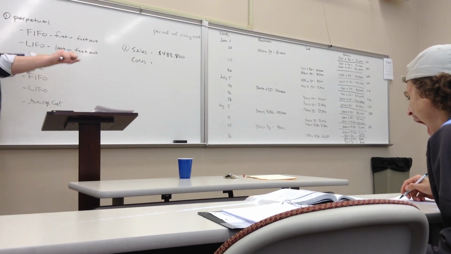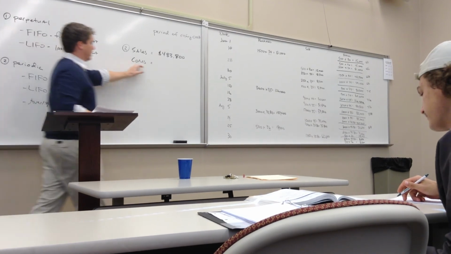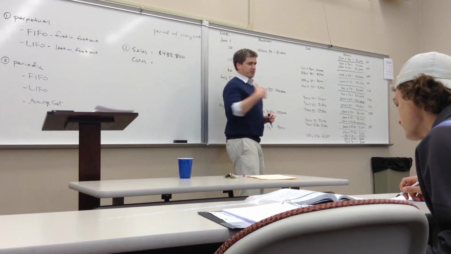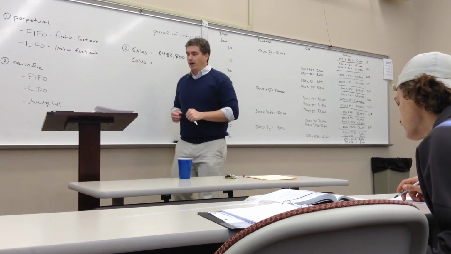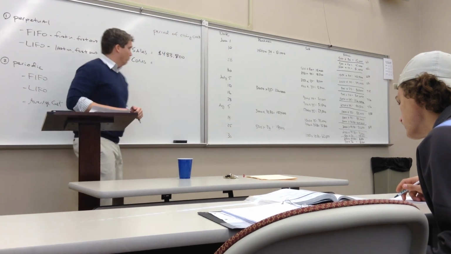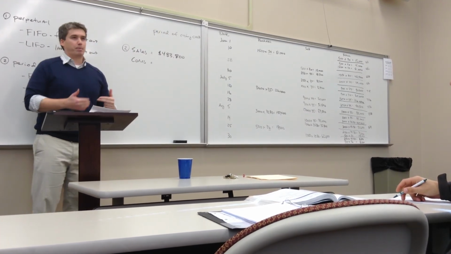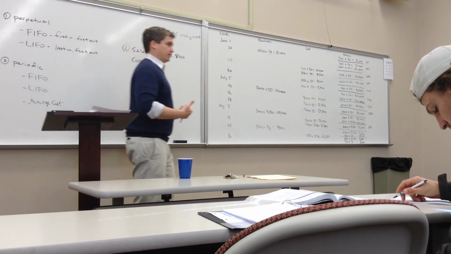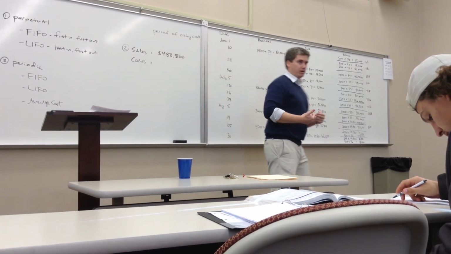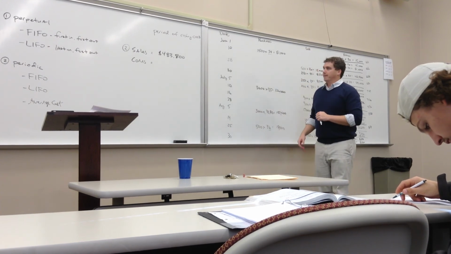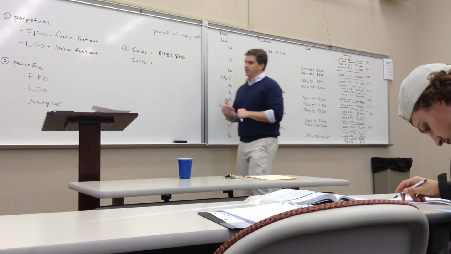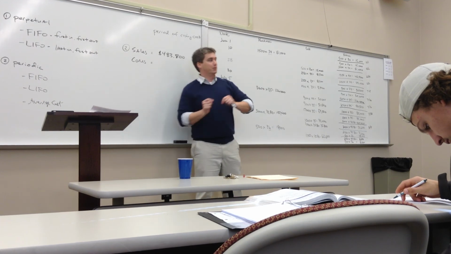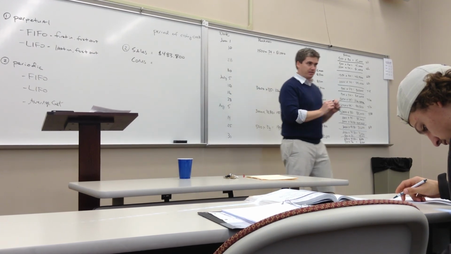The cost of merchandise sold, what are we trying to figure out here? Remember, if you go back to chapter 6, whenever we purchase inventory, when we acquire inventory, we record it to the asset merchandise inventory. We don't charge that cost as an expense until we actually sell the merchandise.